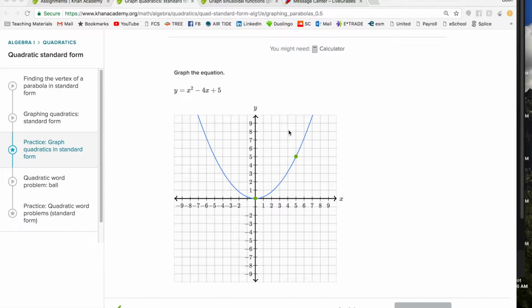Okay, so right here at the beginning of the problem, the vertex is the bottom. Let's say in a concave up parabola, our vertex would be the lowest point, down here at the bottom.